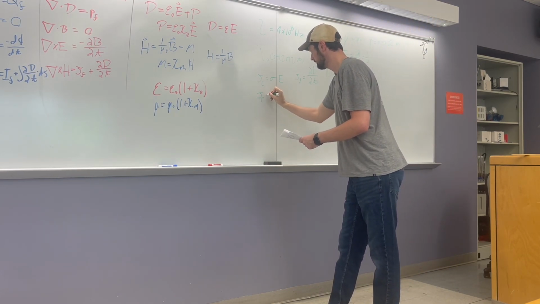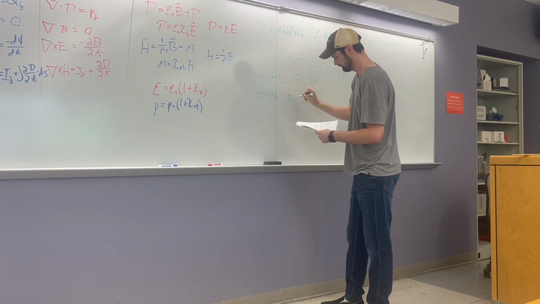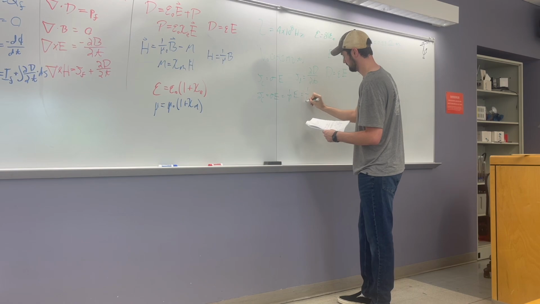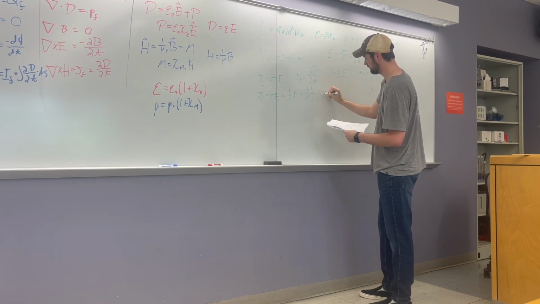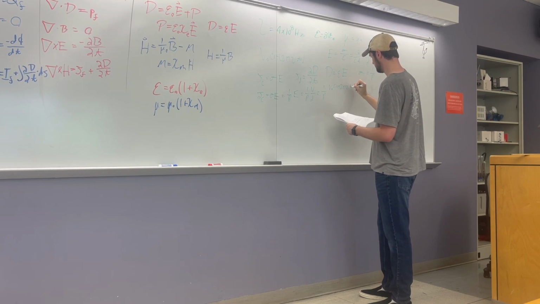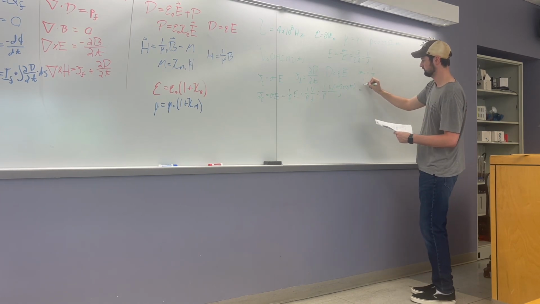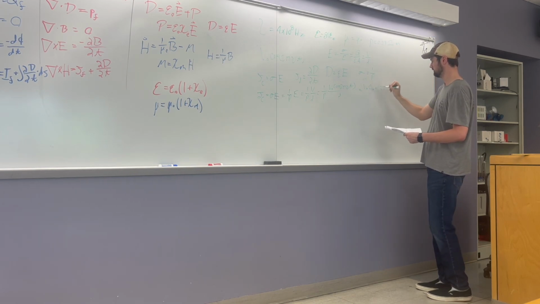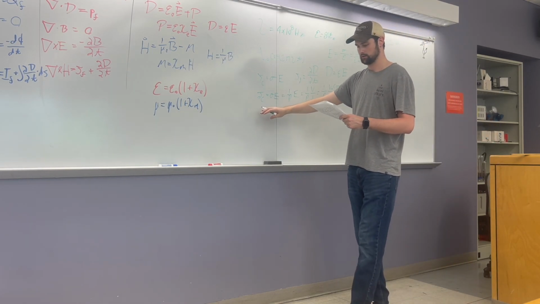J sub C is equal to sigma E, which is equal to 1 over rho times the electric field, which is equal to 1 over rho times V over D, which is equal to 1 over rho times V naught cosine of 2 pi frequency t divided by D, which is finally equal to V naught cosine 2 pi nu t divided by rho D. So now we have our conduction current.